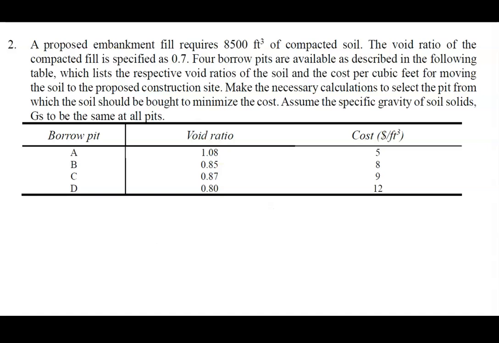We also went over this example to calculate which one of these is the most cost-effective option to do an embankment fill with a total volume of 8,500 cubic feet and a void ratio of 0.7.